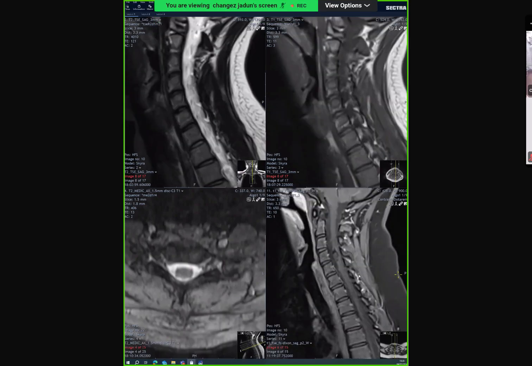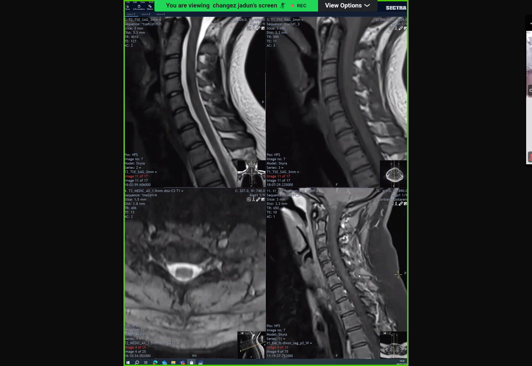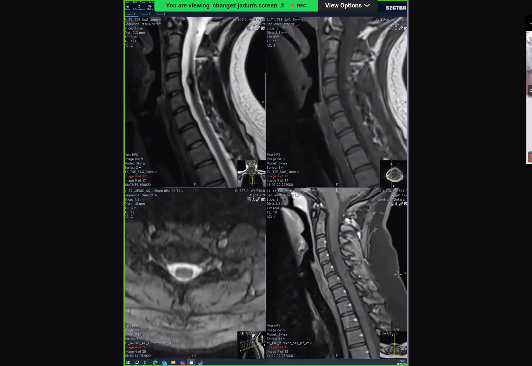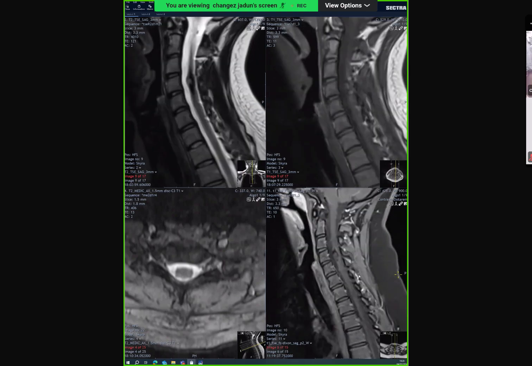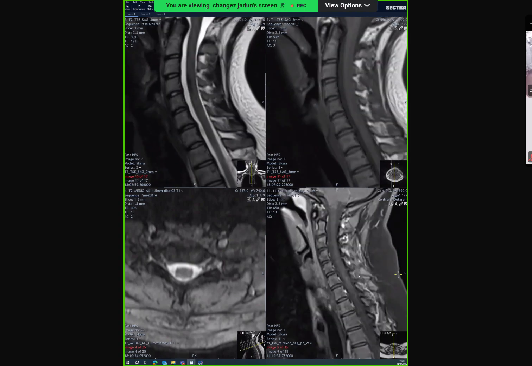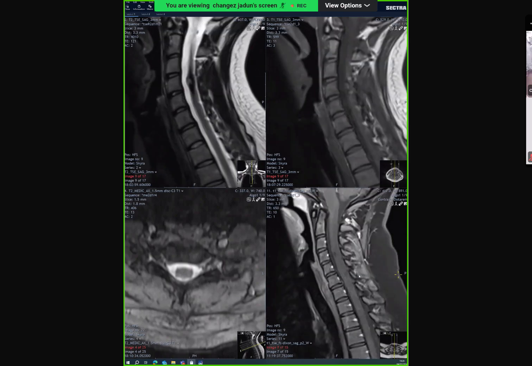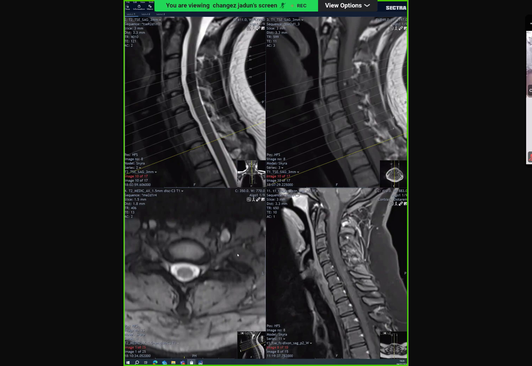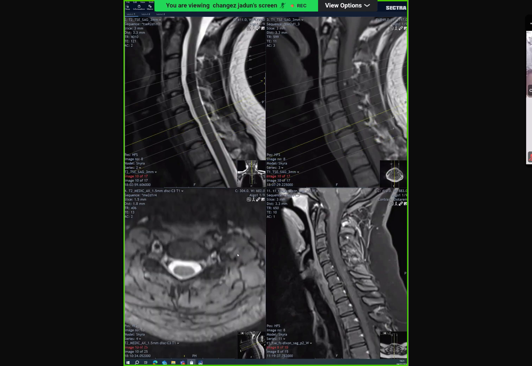Okay, so on the contrast images, I think there's mild enhancement within the lesion. So the lesion seems to be extramedullary intradural in location to me, seeing the axial images, and seems to be displacing the cord towards the right side.